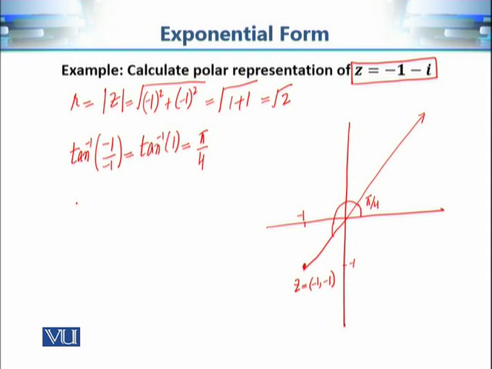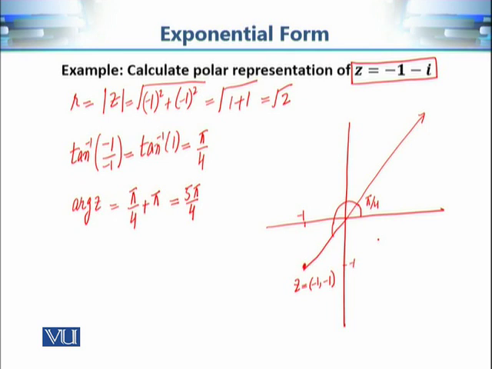So in other words, one of the values of the argument of z becomes pi by 4 plus pi, which is equal to 5 pi by 4.